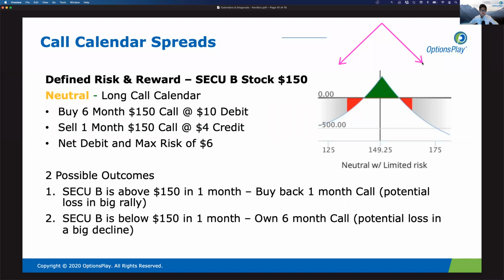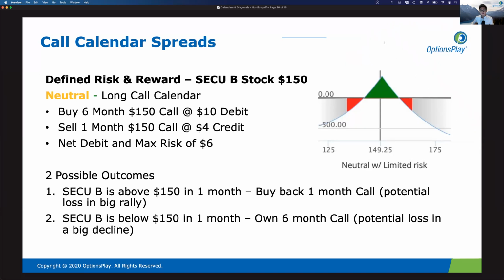So with a short straddle, it's one of the most efficient strategies to trade because you are short volatility and you have very little delta exposure when you're short a straddle. But there are 2 main problems with shorting a straddle. One, you have truly unlimited risk when you short a straddle, meaning if the stock rockets higher, you can lose more and more money if the stock keeps going higher and higher.